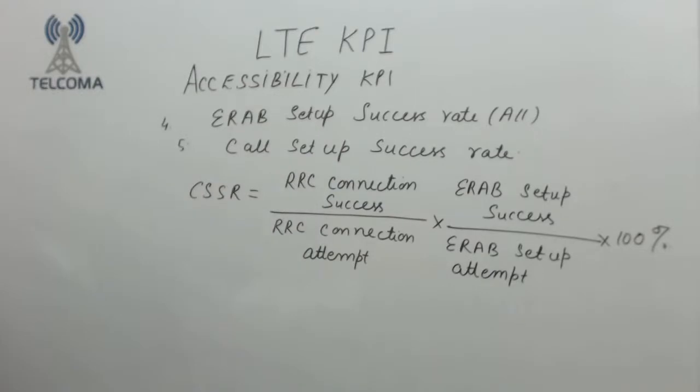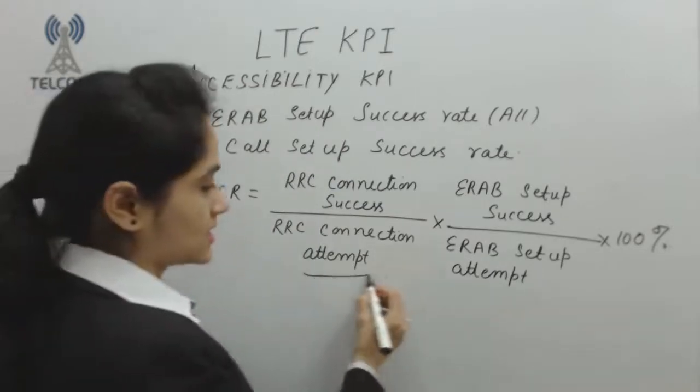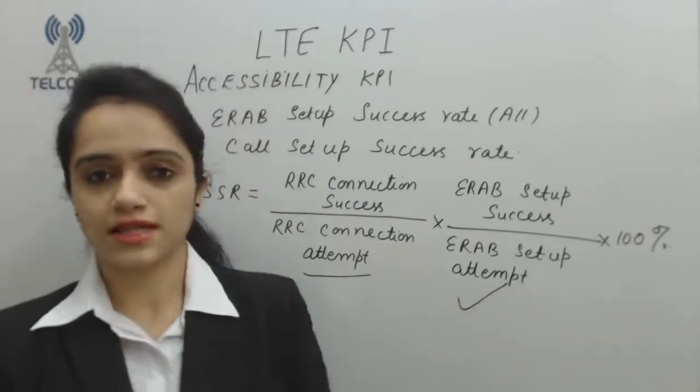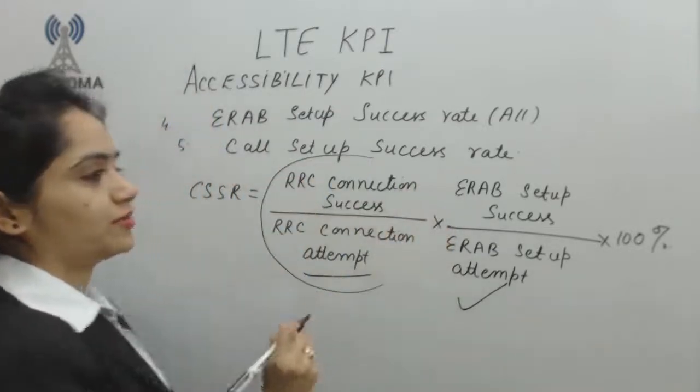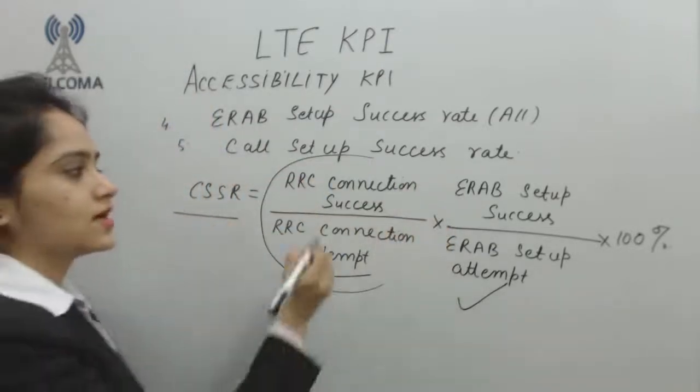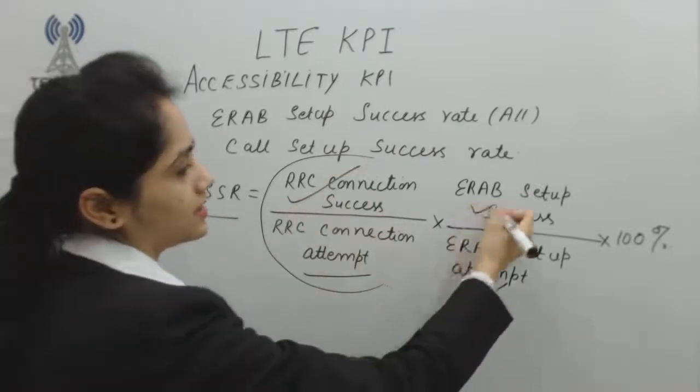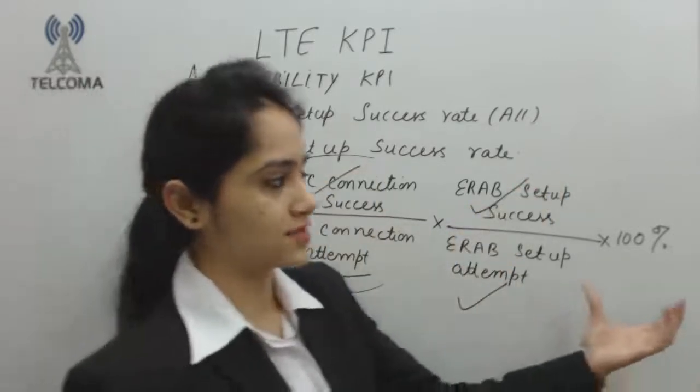As call setup success rate depends upon the RRC connection and the E-RAB setup, that's why we have a combination of both. So whenever we require to measure our call setup success rate, we have to check RRC and E-RAB setup, and again it is in percentage form.